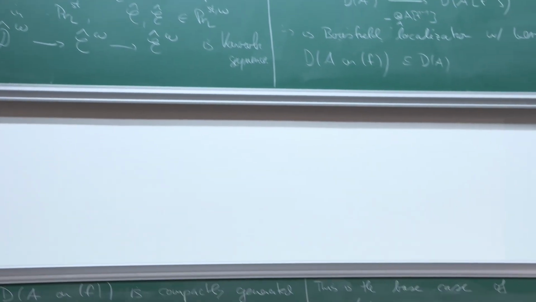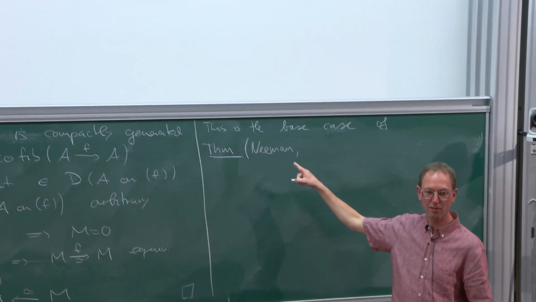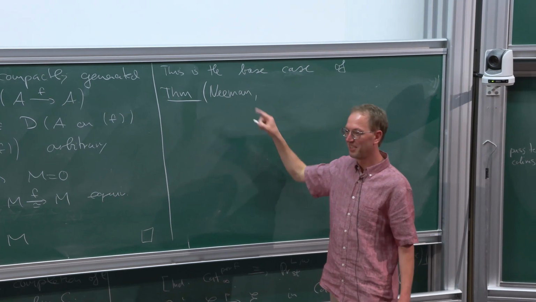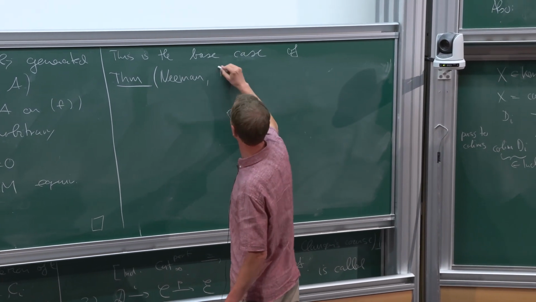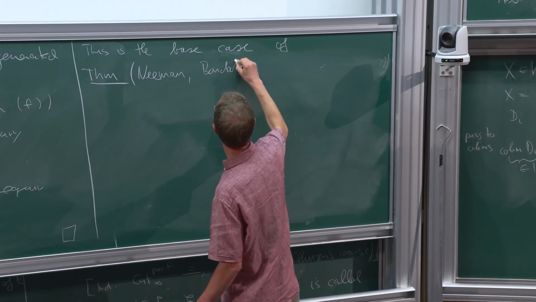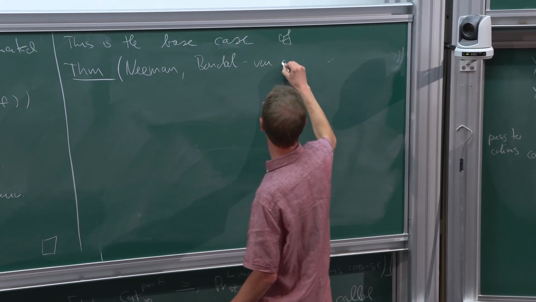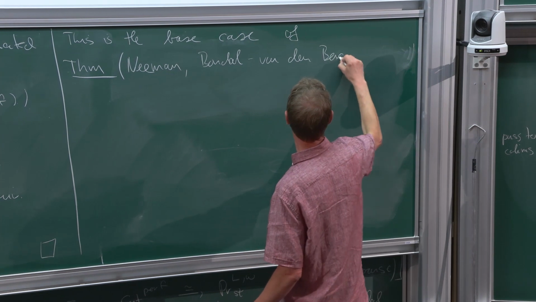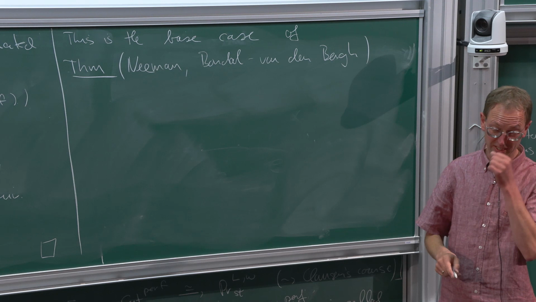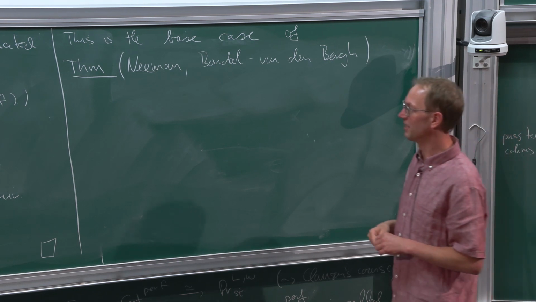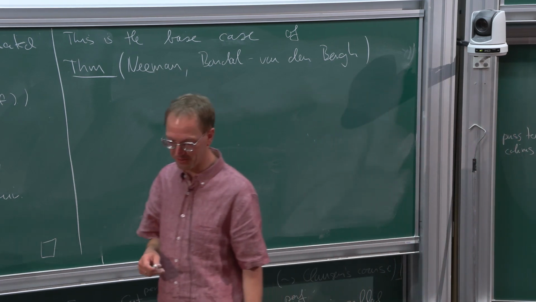Okay. So that's the theorem of Neeman, and actually I didn't look up any years, any dates at all. Sorry. So and Bondal, Van den Bergh. So this is for classical schemes, and nowadays this has been generalized to arbitrary QCQS spectral algebraic spaces.